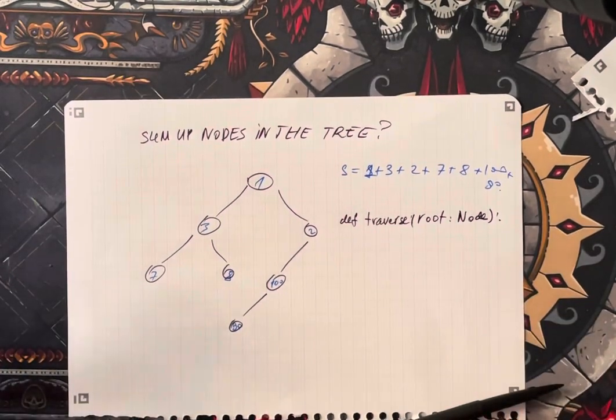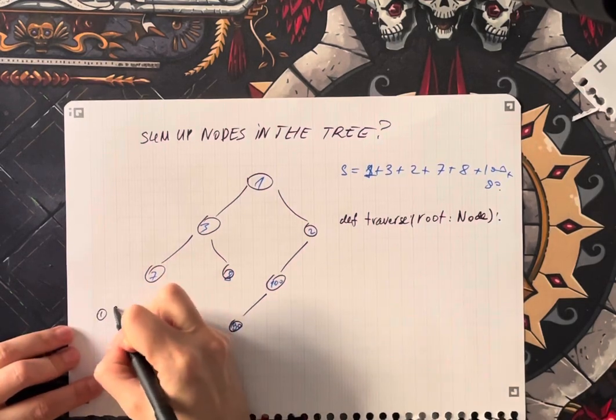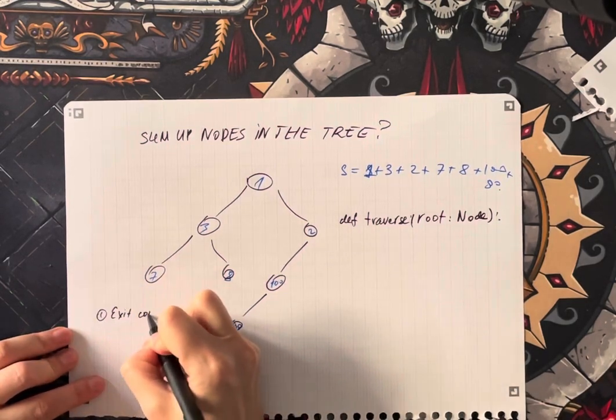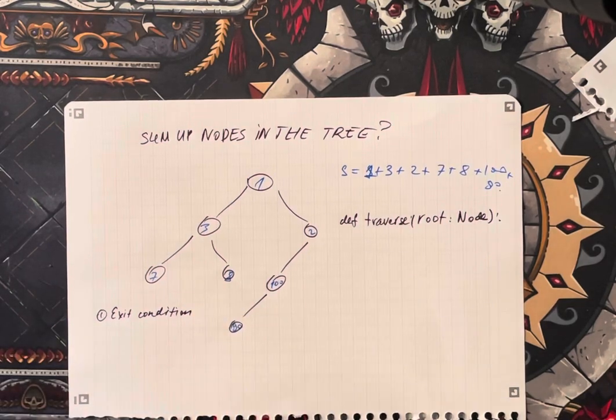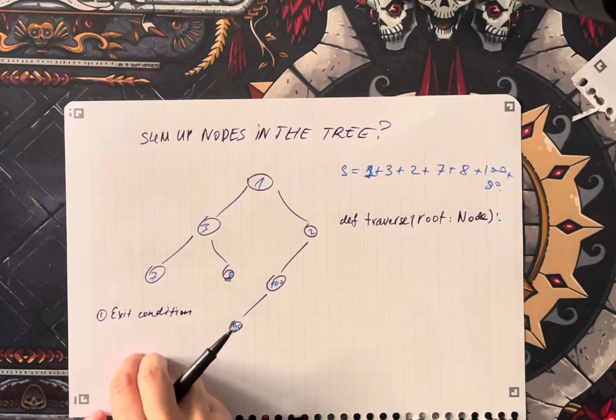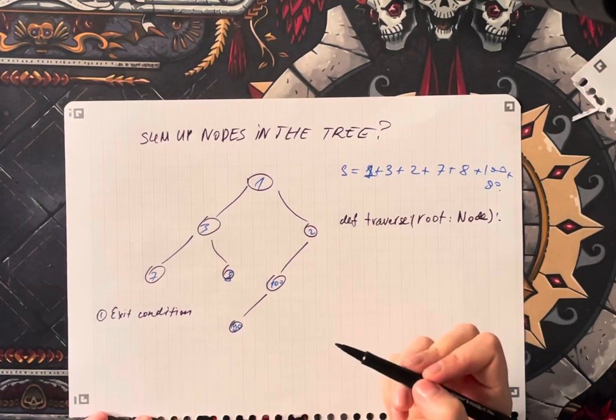The approach for solving anything with tree-like recursion is, first, you need to define the exit condition. By the way, all of this applies to recursion as well. So it's like how to think about recursive problems in general. So exit condition: how do you understand that you reached the edge of the tree?